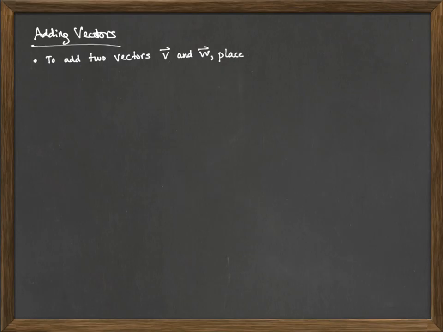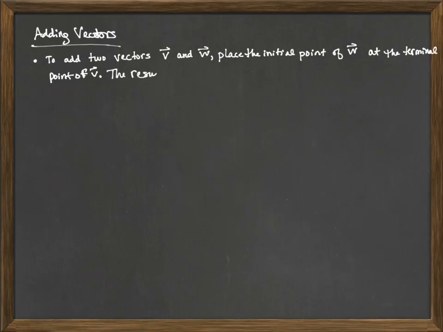Place the initial point of w at the terminal point of v. The resultant vector, that means the vector that results.